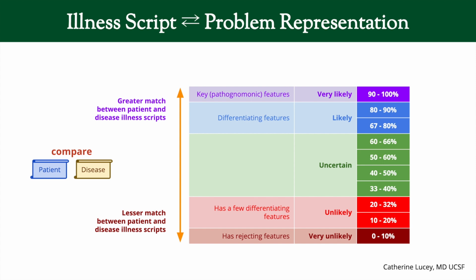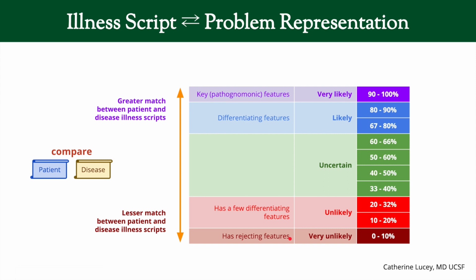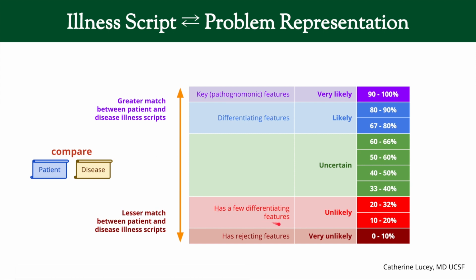If someone has features that define a disease, we would say, yeah, that means that disease is very likely. If they have rejecting features that when they are present, you say a patient doesn't have this disease, then it's pretty unlikely that they have that disease. And then if they have some differentiating features, we may call it likely. If they have very few differentiating features, we might call it unlikely. And anything in the middle, we would say is uncertain.